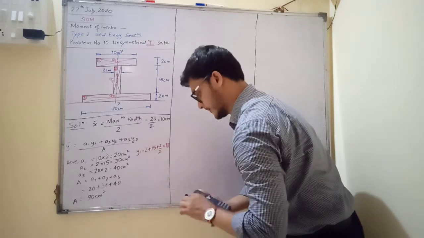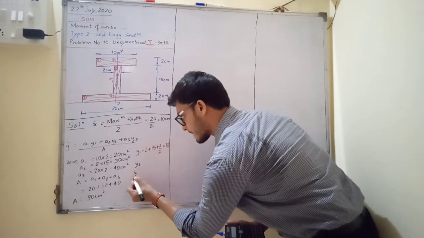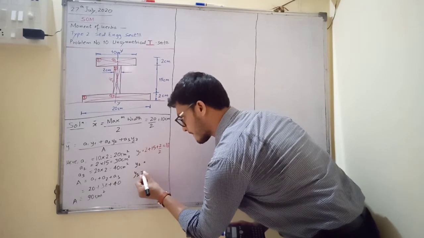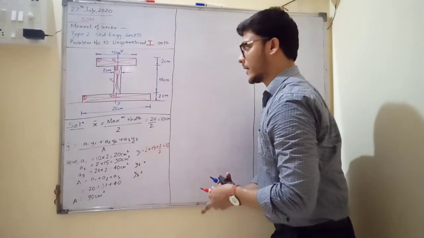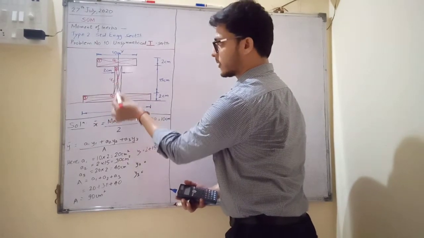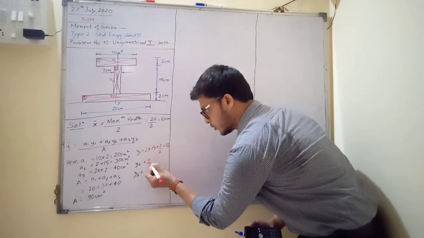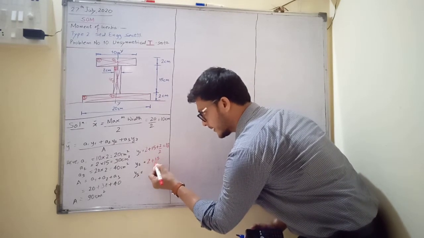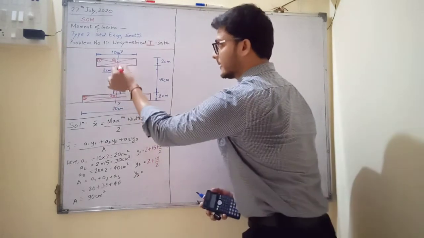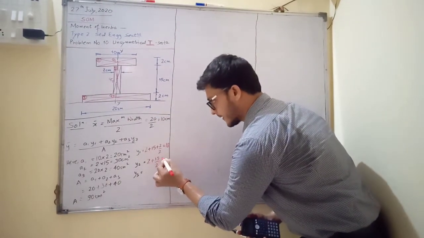Similarly, y2 and y3. Y2 is measured from the bottom to G2. So it is 2 plus half of 15, 2 plus 15 by 2, because it is in the center of this rectangle of 15.